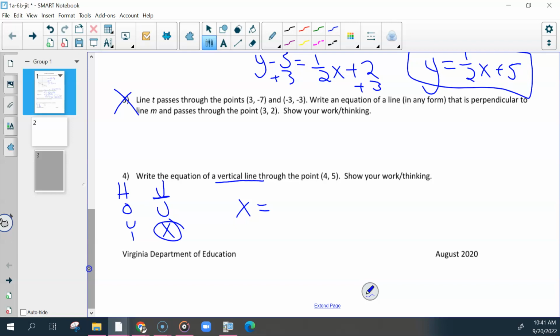We look at our point, see the x value, and that would be 4. So our answer would be x equals 4. With those types of problems, you kind of have to know what you're looking at and what you're looking for to get those right. Do we have any questions about that one?